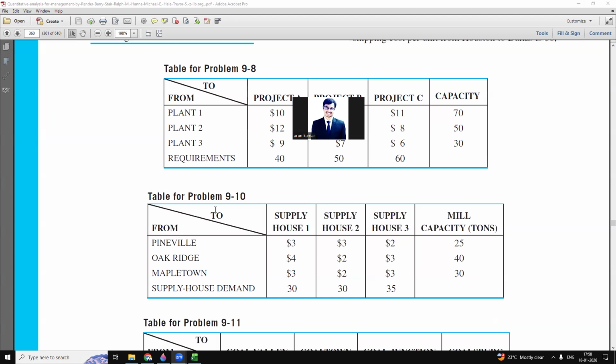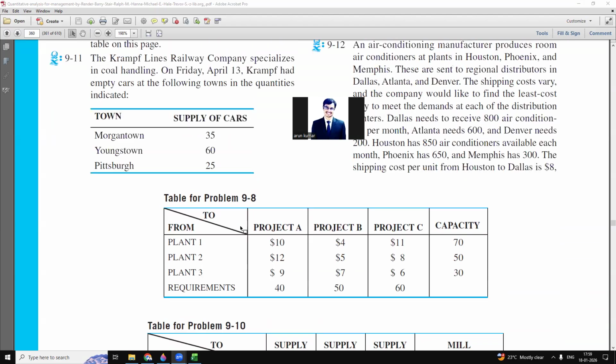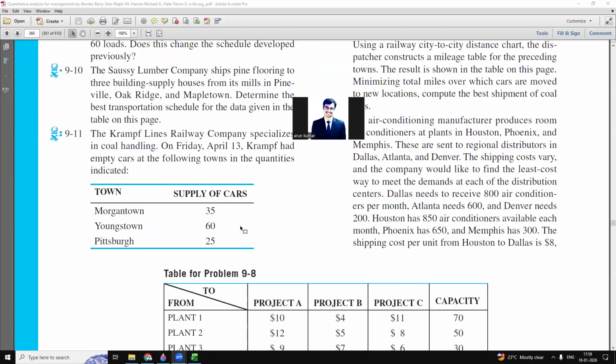The first column gives from and to: Pine Valley, then Oak Ridge, then Mapletown. Then the supply house demand, with figures for each of the houses, and the last one is the mill capacity in tons. This table serves as the constants for this question, and we need to provide the best transportation schedule.